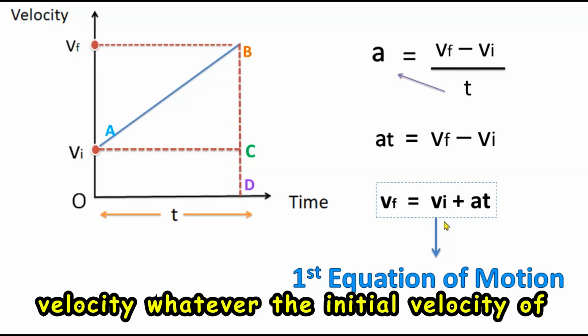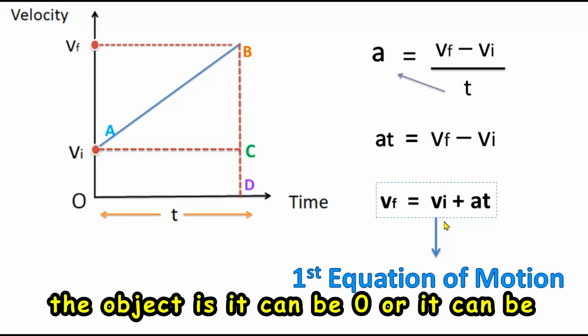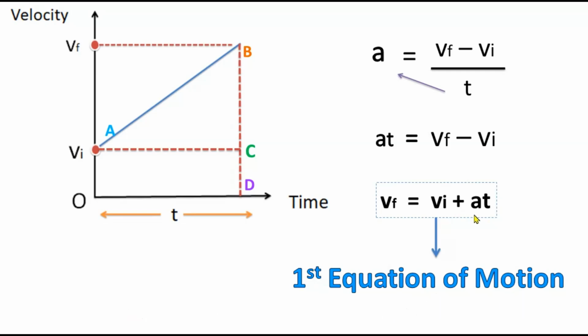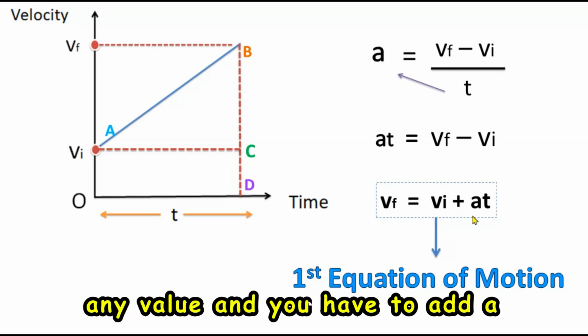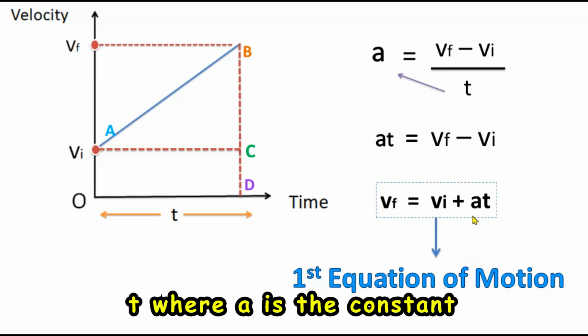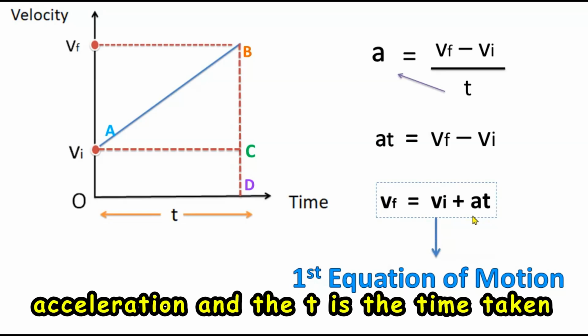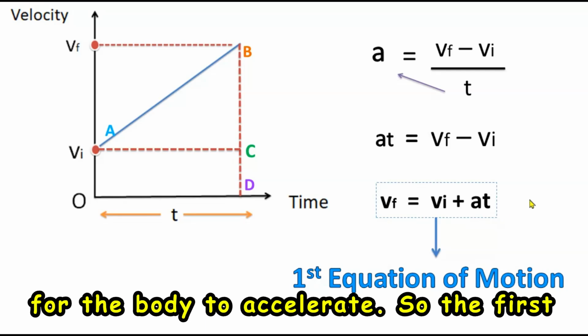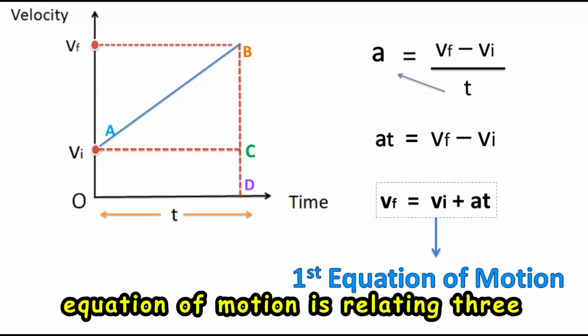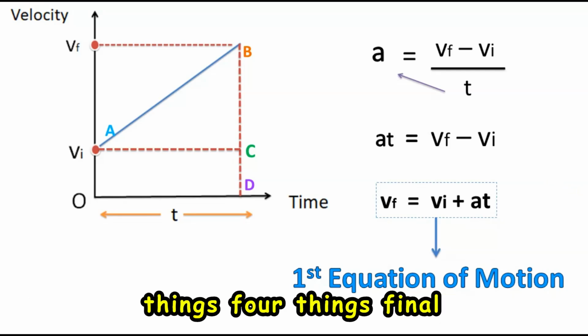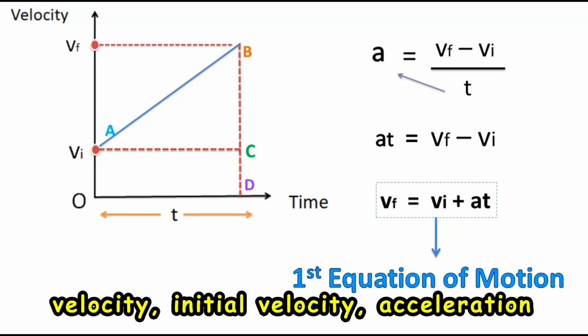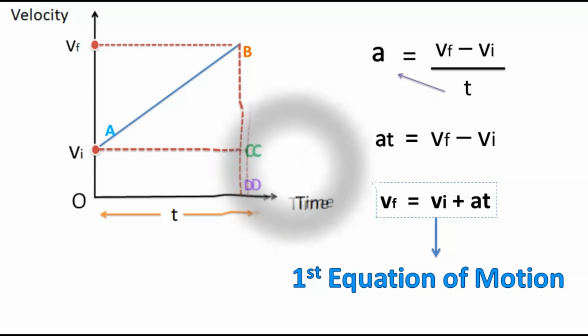Whatever the initial velocity of the object is, it can be 0 or any value, and you have to add at, where a is a constant acceleration and t is the time taken for the body to accelerate. So the first equation of motion is relating four things: final velocity, initial velocity, acceleration, and time t.